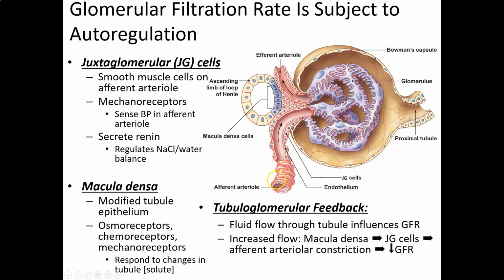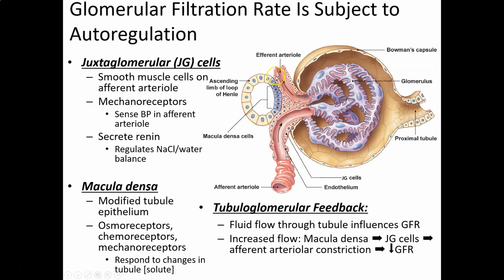So here's my afferent at the bottom, here's my efferent at the top, and here's the macula densa, where notice these are much more clustered together. There often are multiple layers of them. And here are my JG cells, these cells that line the edge of the arteriole right here. So all these are JG cells.